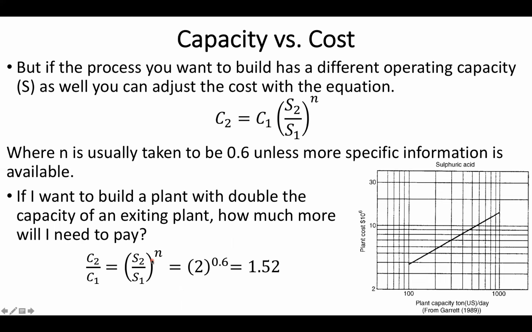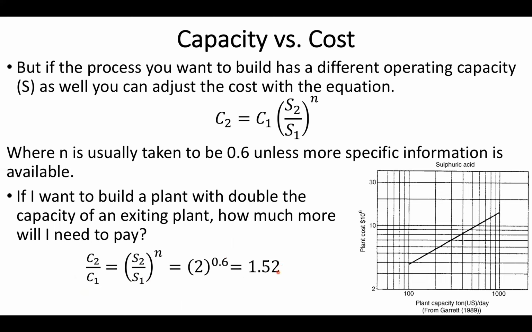So let's go ahead and run our equation. So I'm going to find the cost ratio of doubling my capacity and using a classic n of 0.6. Now, if I do this, I'm going to find my cost ratio to be 1.52. So this means that even though I'm generating a plant that produces twice as much, I only have to pay 50% more.